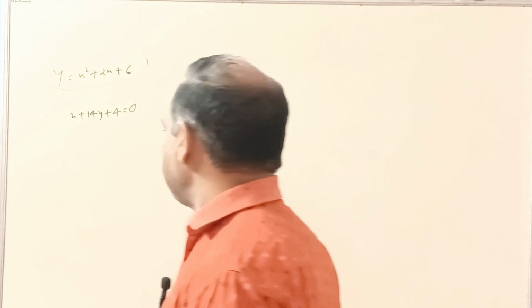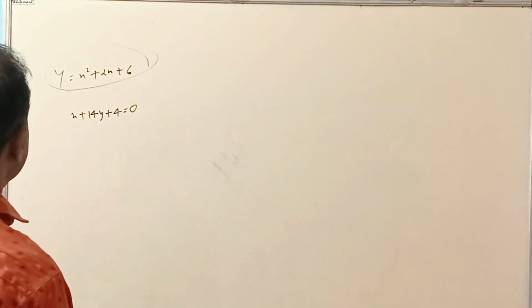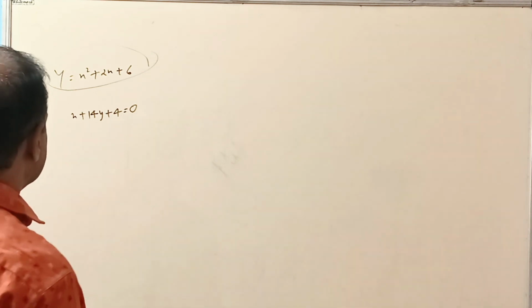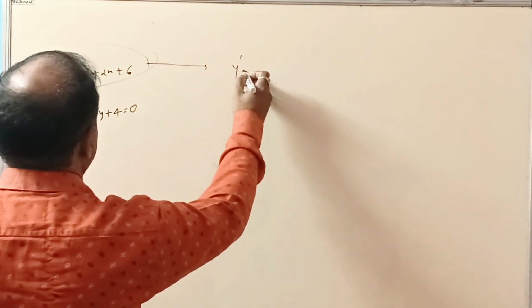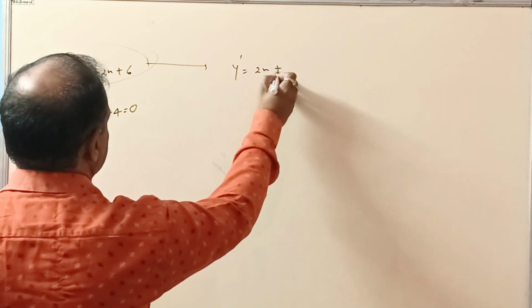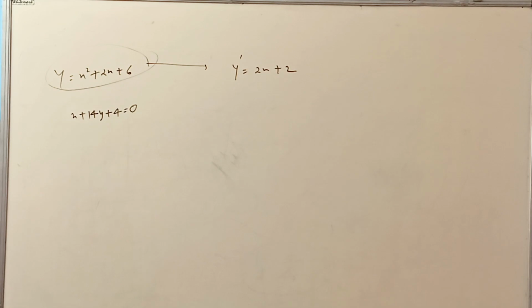Now, if we have a line parallel to this, what does it mean? The first thing is we have to differentiate the equation. We will have y' = 2x + 2. This is the differentiation.